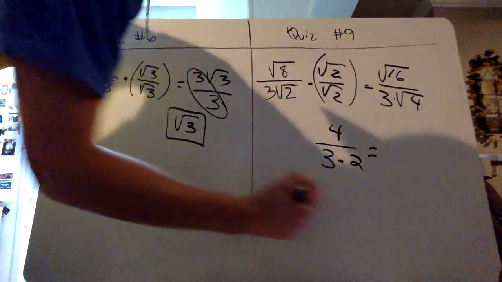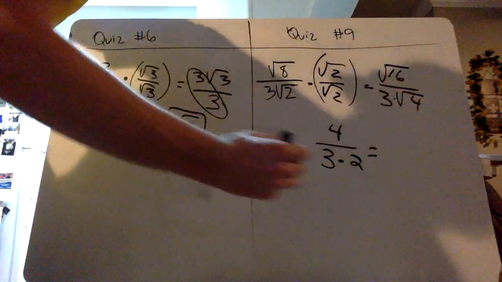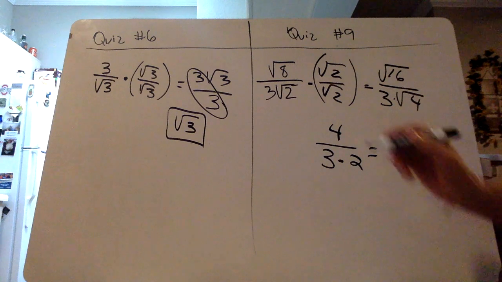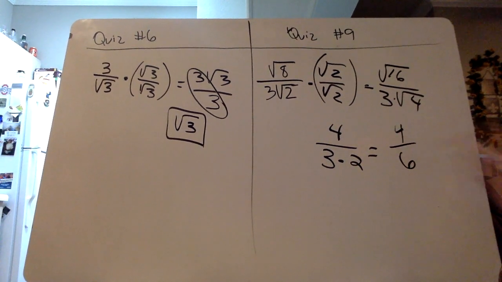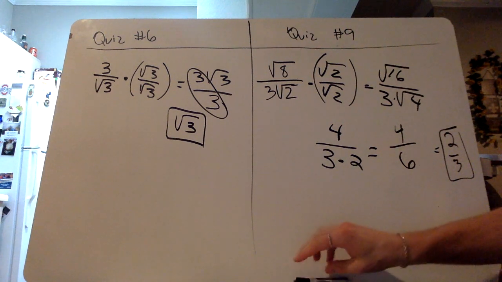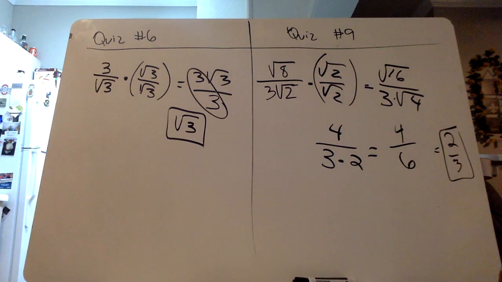So this turns into, I'm on the wrong side, guys. I'm on the wrong side. This turns into 4 over 3 times 2 is 6. What is 4 over 6 reduced to? 2/3. So that problem on your quiz number 9, that was 2 over 3 as your final answer.